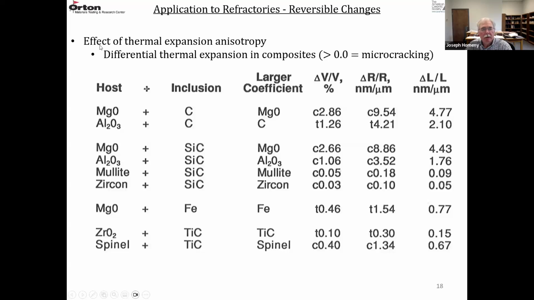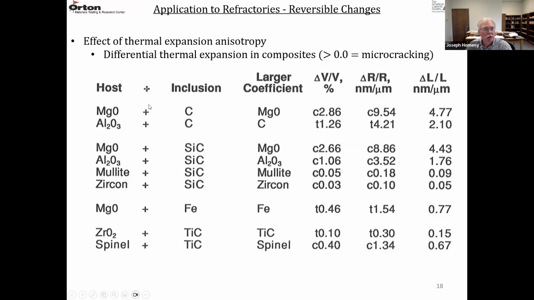And then this one here is for composite materials. So the host would be the matrix, and the inclusion is the dispersed phase. So this is carbon dispersed in MgO or carbon dispersed in alumina. This column shows which one has a larger expansion coefficient.